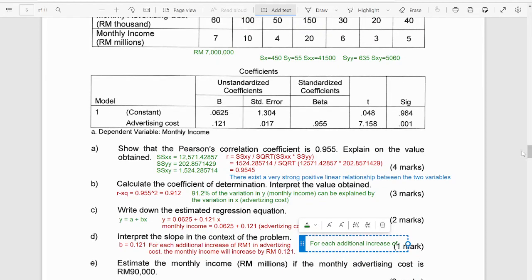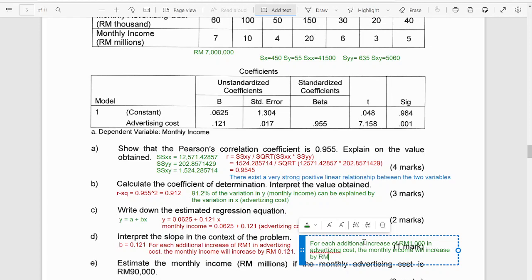For each additional increase of RM1000 in advertising cost, the monthly income will increase by, so sekarang ni 0.121 ni kita nak ubah ke dalam bentuk dia punya RM million.